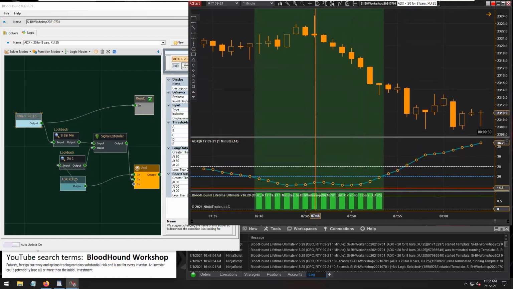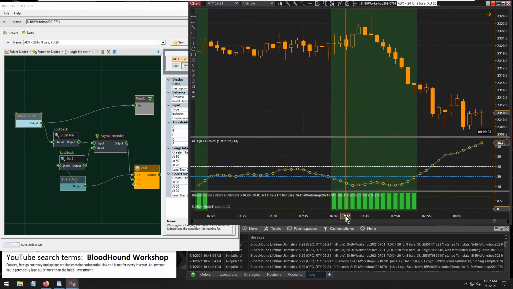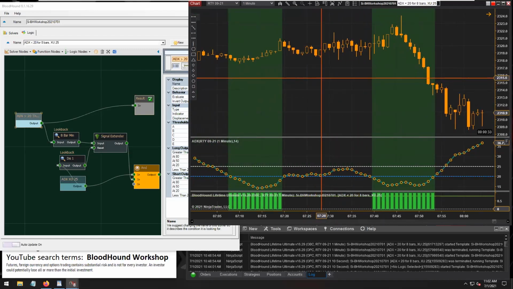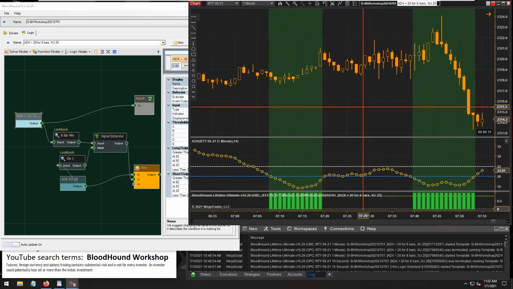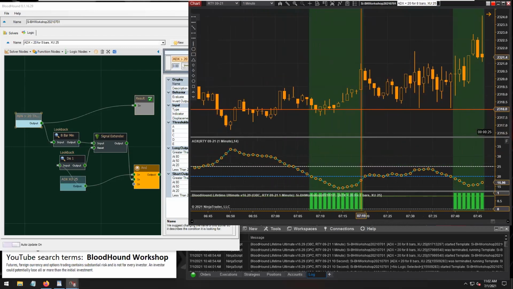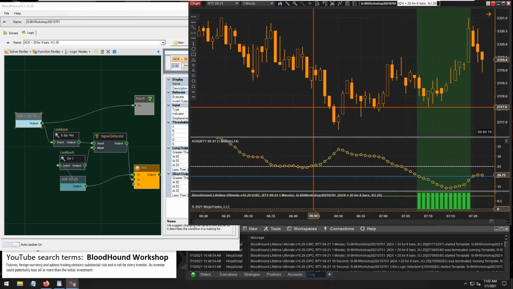But now that I think about it, I don't think the ADX works that way. Let's see here. Yeah, the ADX is basically detecting kind of consolidation a little bit.